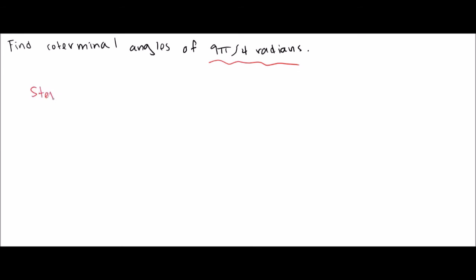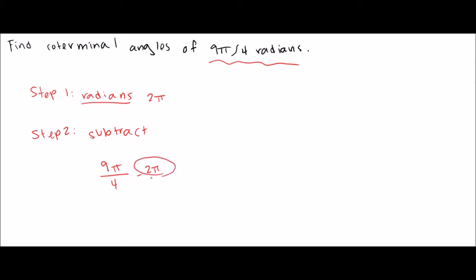Alright, so in this next example, we're going to immediately see that the difference is radians. So again, step one is to determine is it radians or degrees. In this case it is radians, so we will be using 2 pi instead of 360 degrees. Step two was once again to subtract. So we're going to do 9 pi over 4 minus 2 pi. The issue here is that 2 pi does not have a common denominator with 9 pi over 4, and as fractions we need to remember that to subtract there needs to be a common denominator.